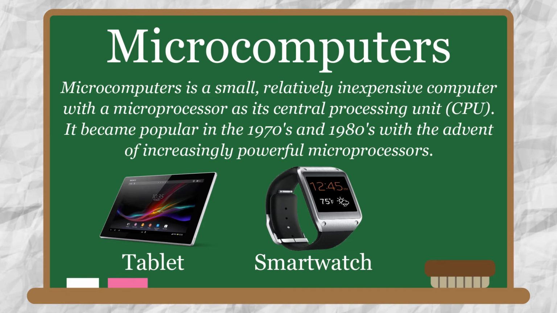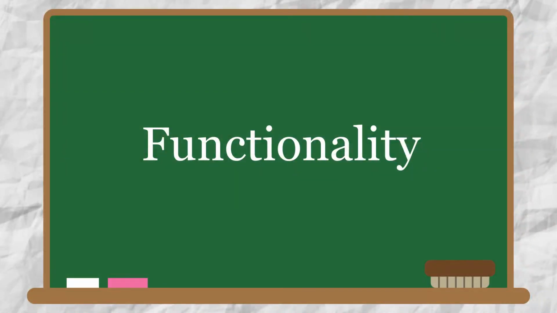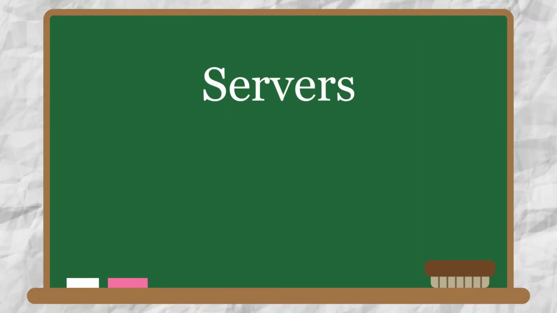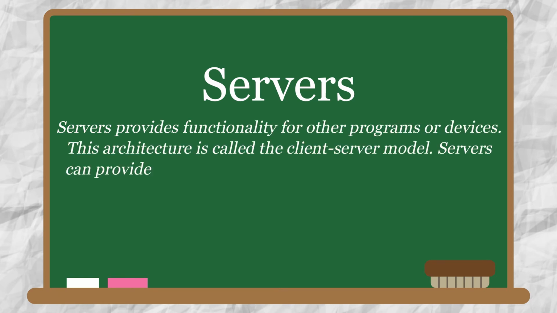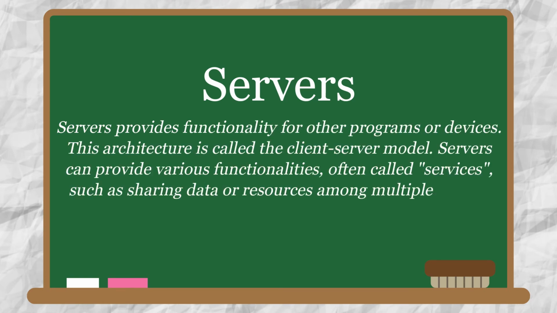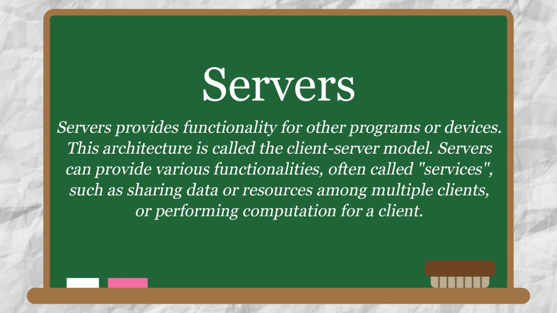Microcomputers became popular in the 1970s and 1980s with the advent of increasingly powerful microprocessors. Servers. Servers provide functionality for other programs or devices. This architecture is called the client-server model.